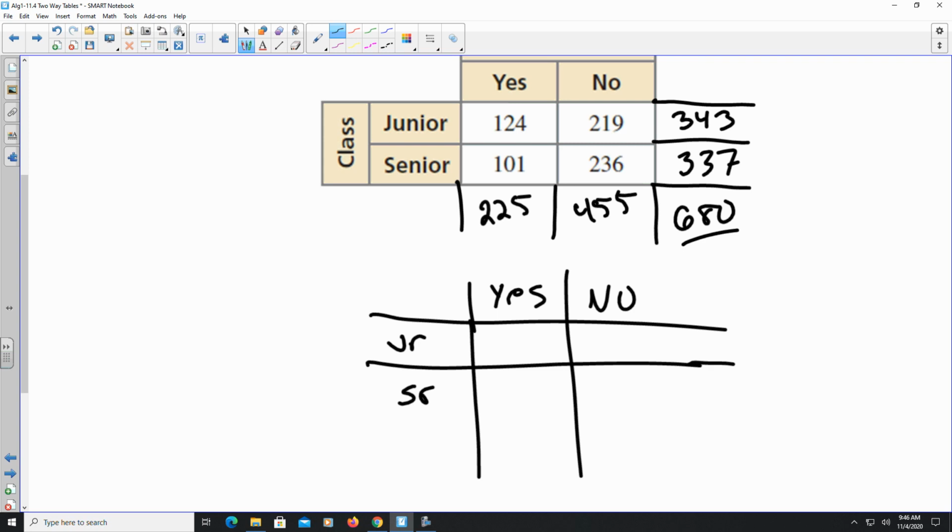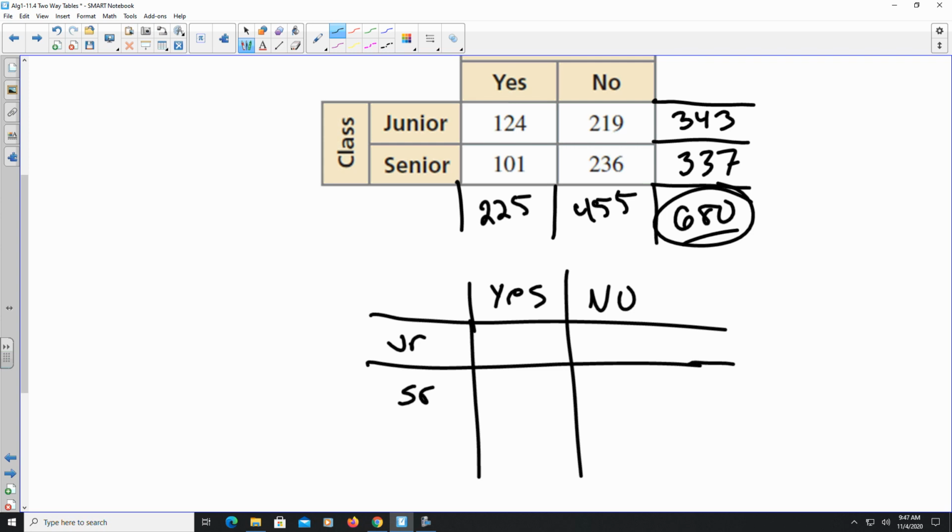So what you are going to do is take the total 680 and find the decimal or the percentage of each yes and no in this particular table. The first one, juniors, yes, was 124. So it's 124 divided by 680.